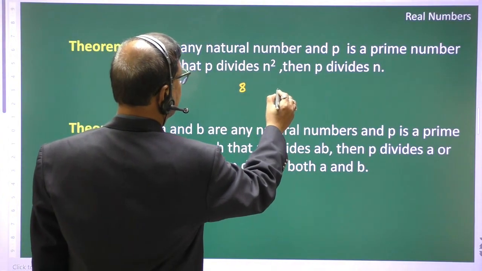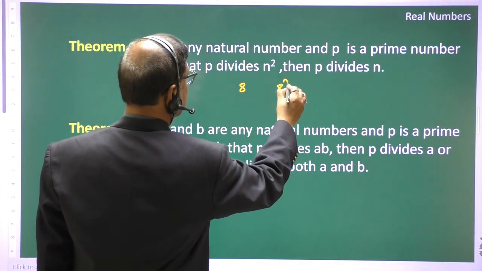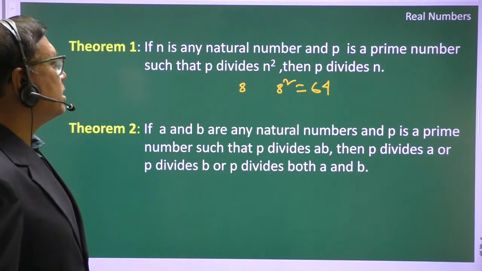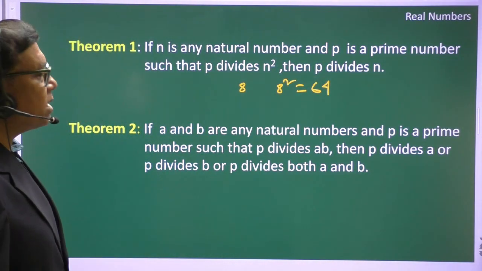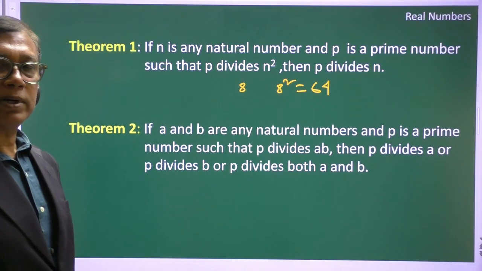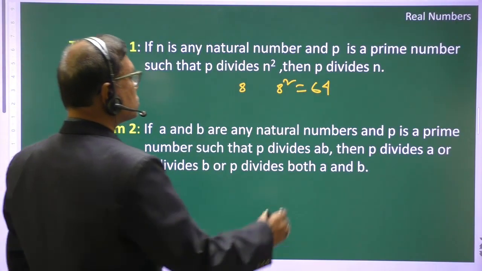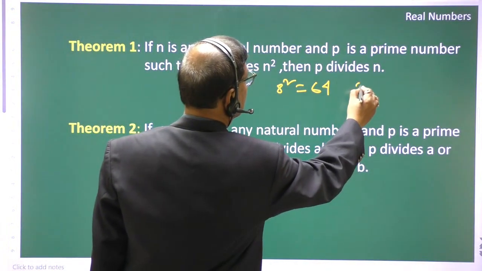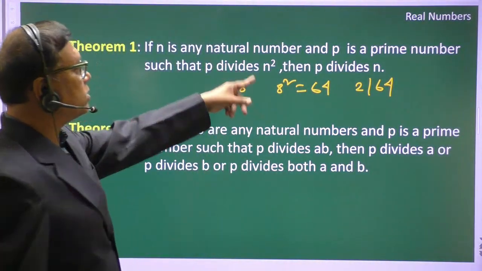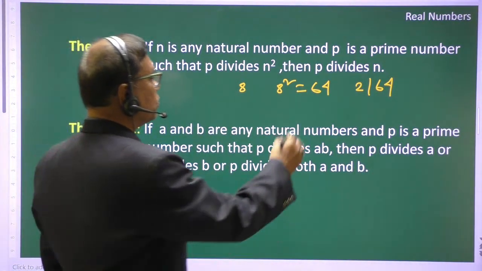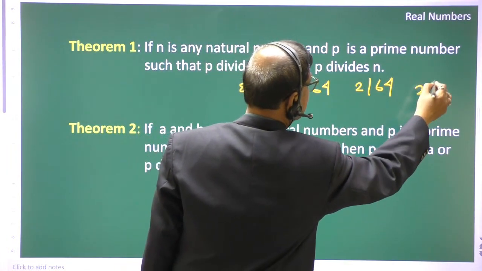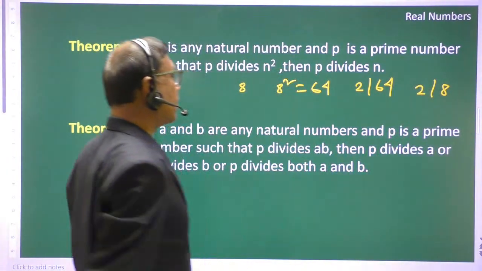Then what is the 8 square value? 8 square is 64. Now this number is divisible by which prime number? 2. So 2 divides 64. But according to this theorem, 2 divides 8 also. Yes.